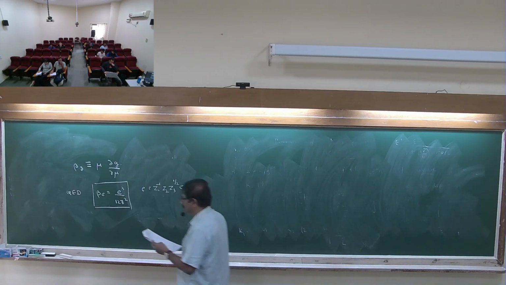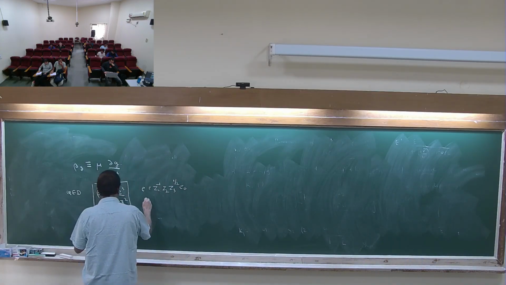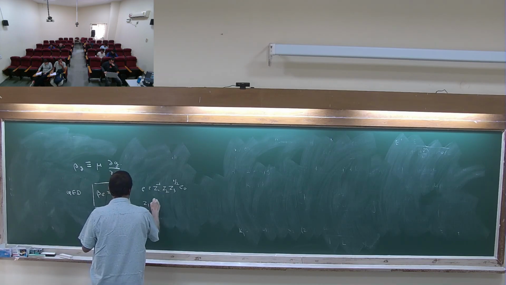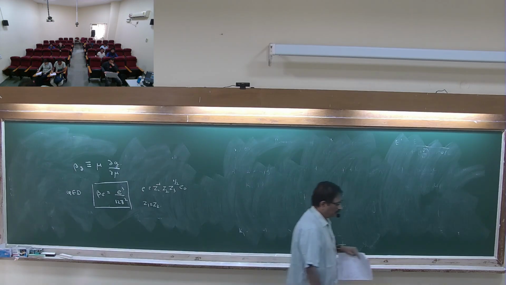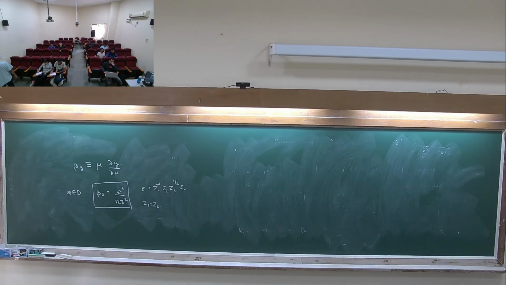Now, Z1 equal to Z2. Z1 equal to Z2. Why? Why is Z1 equal to Z2? Now don't tell me you haven't yet done it in QFT. That's your problem. Again, not my problem. Z1 is equal to Z2 because of gauge invariance.